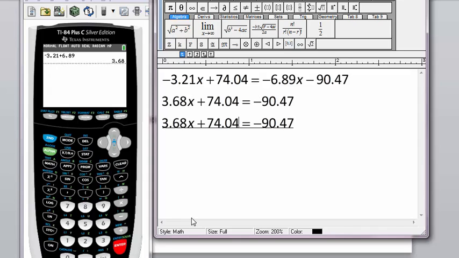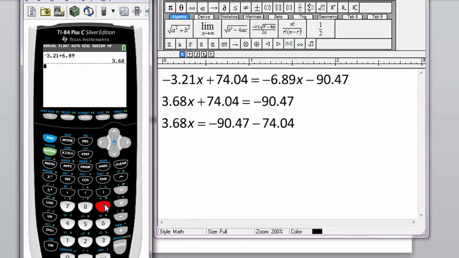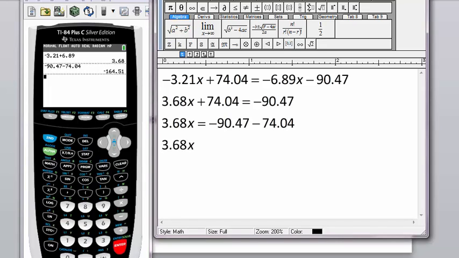Let's keep going. We need to solve for that x, so we're going to subtract that 74.04 from both sides of the equation. We know the left-hand side, they're going to cancel to 0. And the right-hand side, we'll grab our calculator again and start with negative 90.47 minus 74.04. So 3.68x is equal to negative 164.51.